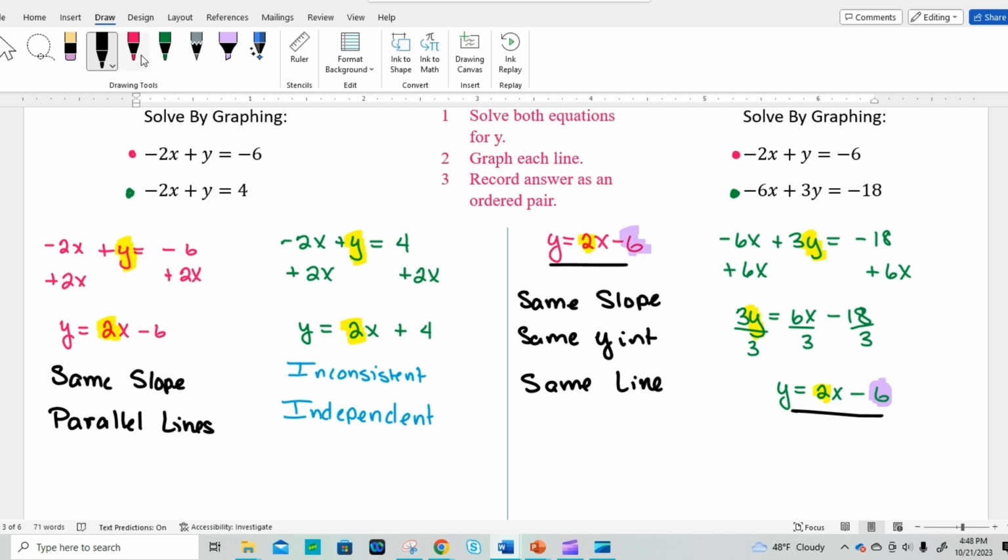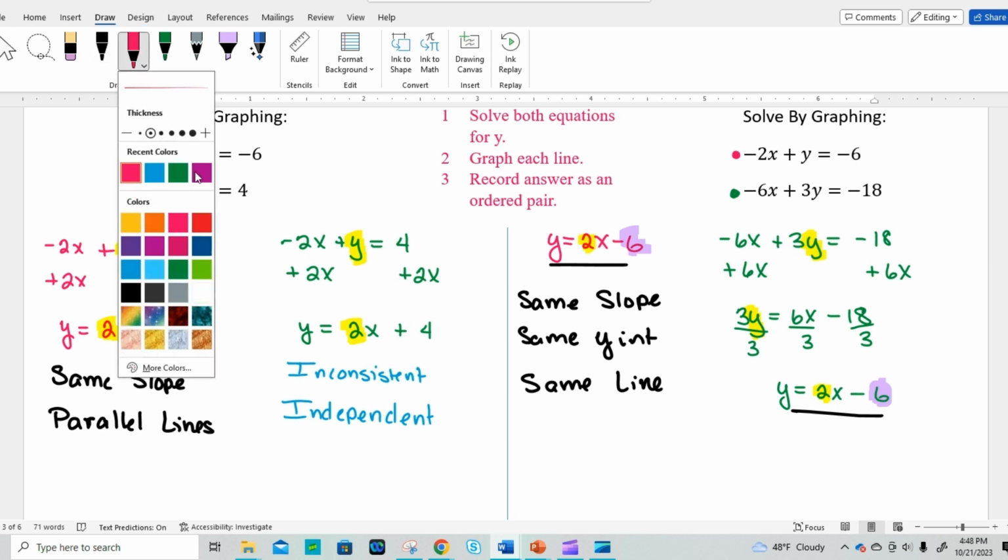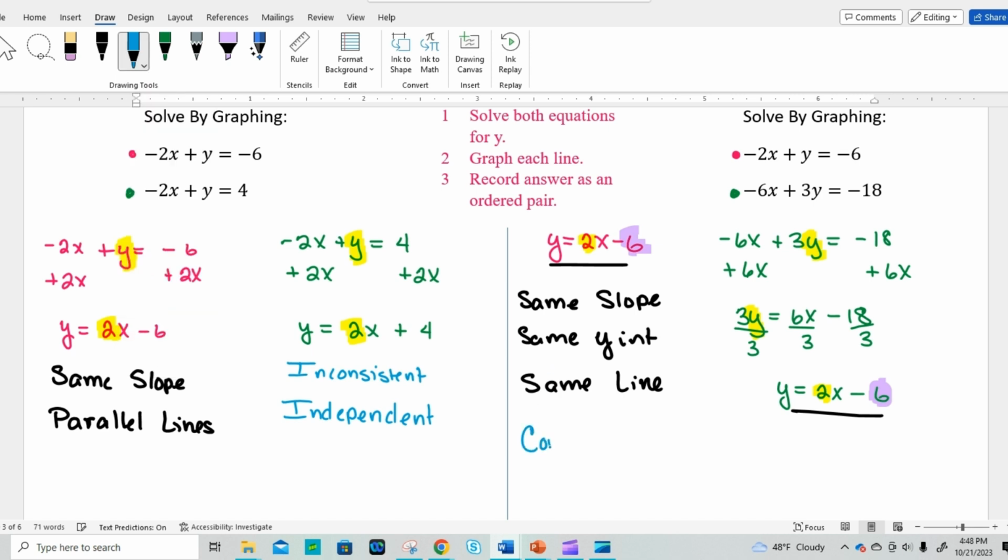If I were to use some of that vocabulary we talked about in the beginning, these lines would be consistent because they have infinitely many solutions, and they would be dependent, because when I looked at the picture, I would see only one line.